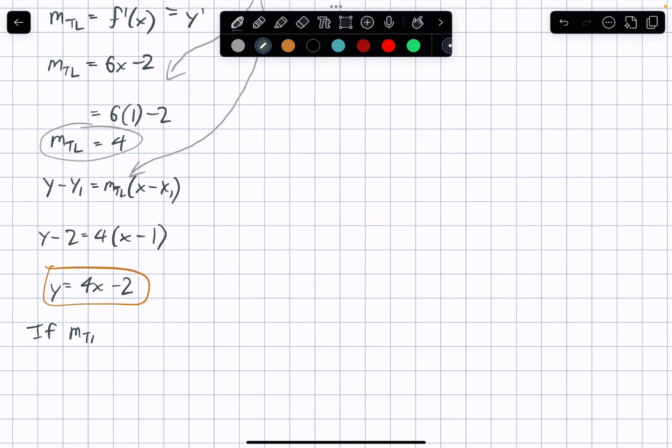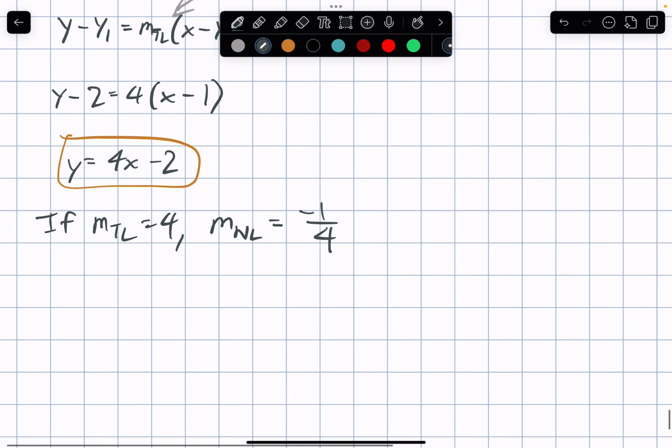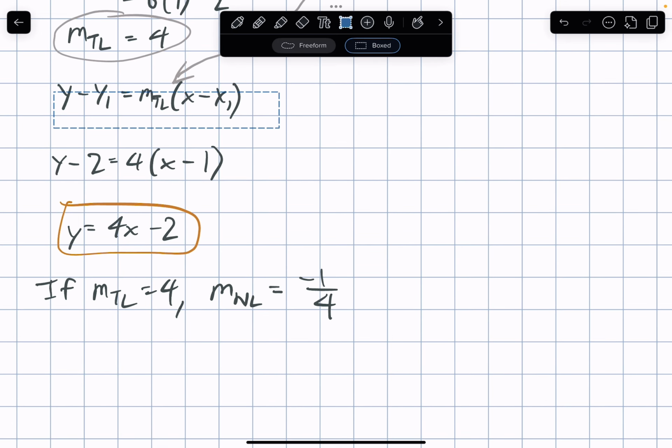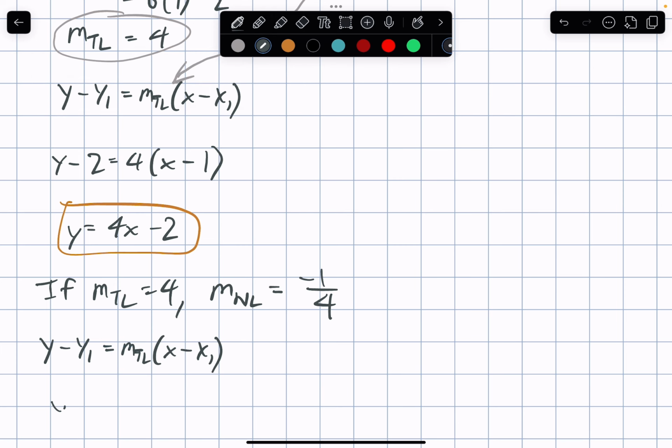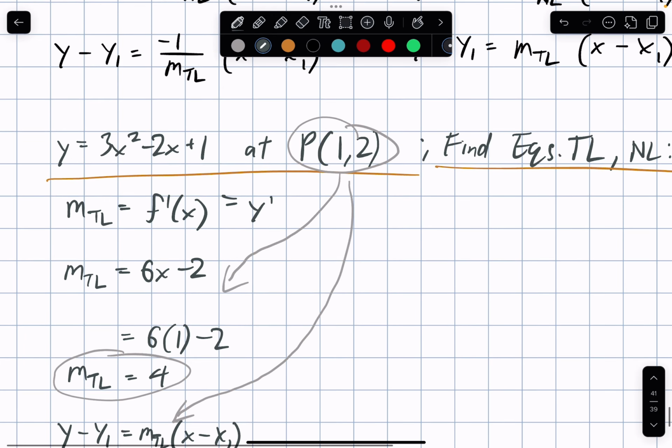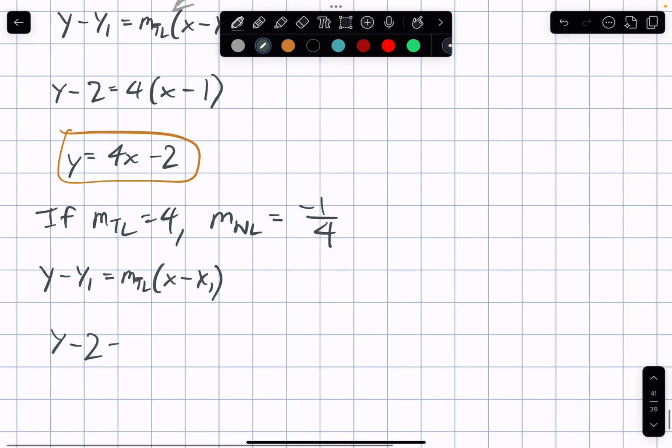If your m_TL is equal to 4, therefore the slope of your normal line is going to be the negative reciprocal, or negative 1 over 4. So using this format again, y minus 2, based on the coordinate, equals negative 1 over 4 times x minus 1.